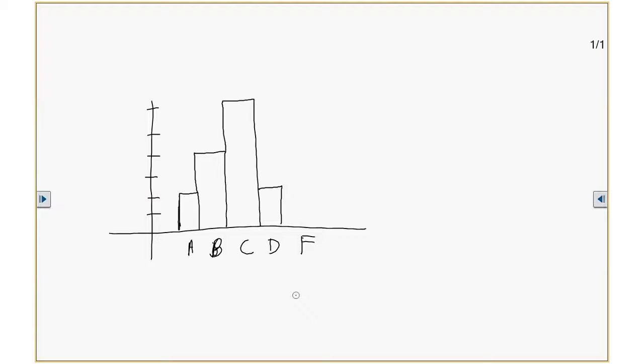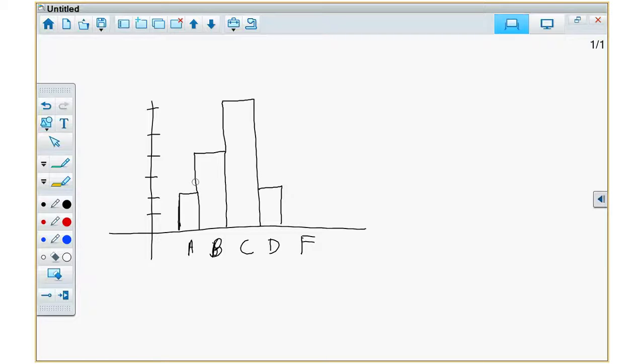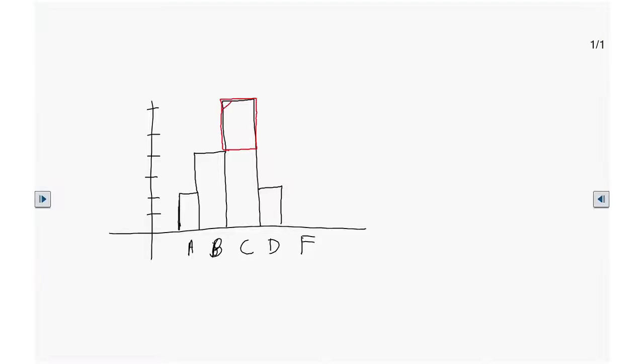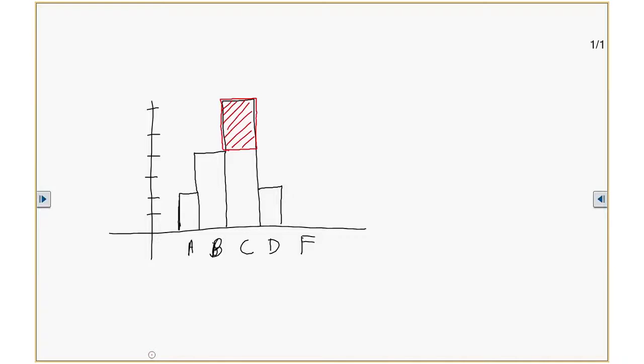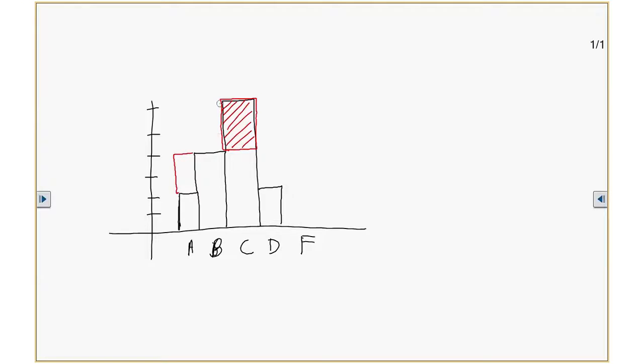Okay? And let's say I want the average. Well, what is the average? Well, the average is if I take this right here and chop it off and put it right here, because this is 4, 2, 4, and this is 4, 2, 4.